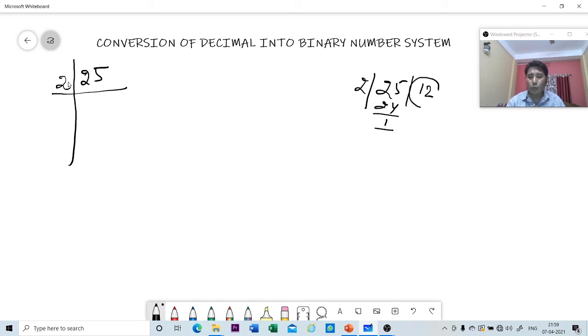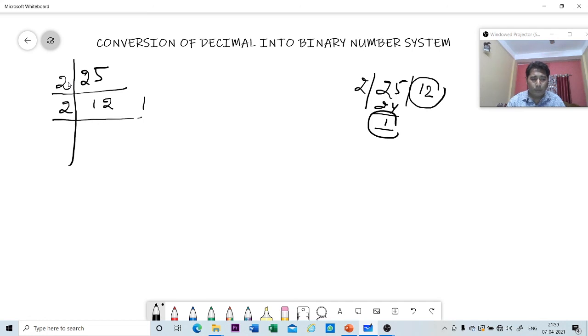In the next step, again we have to divide the quotient by the base 2. Let me write this 12 here, and write the remainder, that is 1, at the right hand side. Now I again divide this quotient by the base 2.